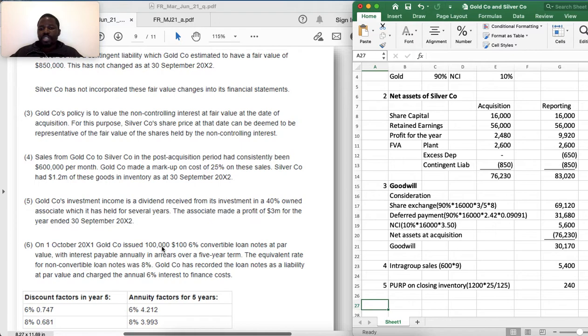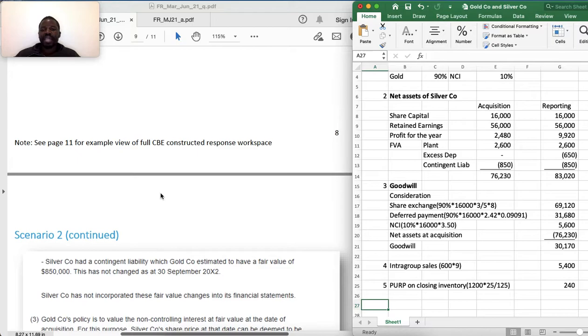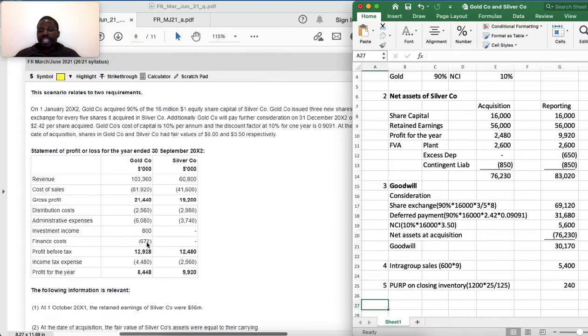Now let's go to note number 5. Note number 5, we are told that Goldco's investment income is a dividend received from its investment in a 40% owned associate which it has held for several years. Let's go and find that investment income. This investment income of 800.